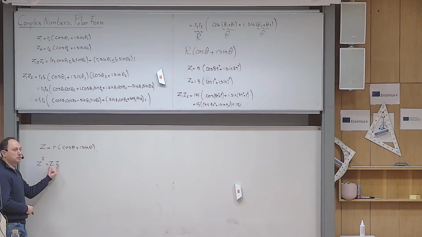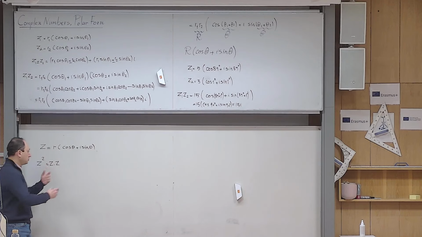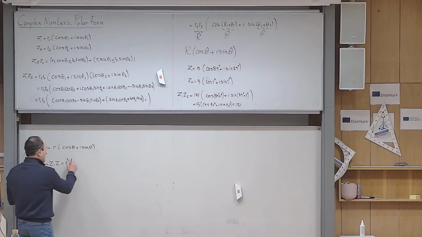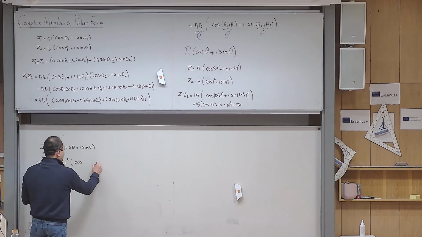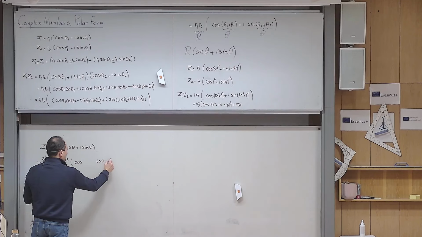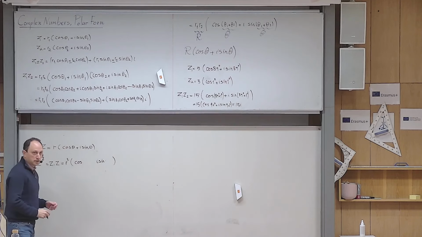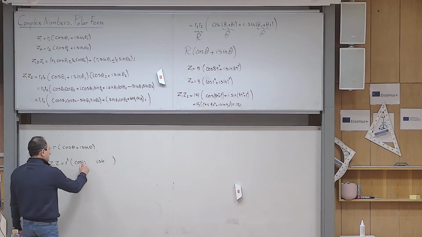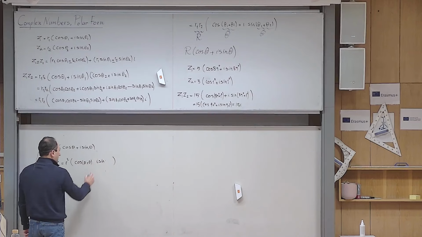Because these two numbers are the same, the absolute values are both equal to r. So if you multiply them, it becomes r squared. And then you have to add what? The arguments. The argument of this one is theta. The argument of the second one, because this is the same number, is again theta. So it means that I have to add theta to theta.